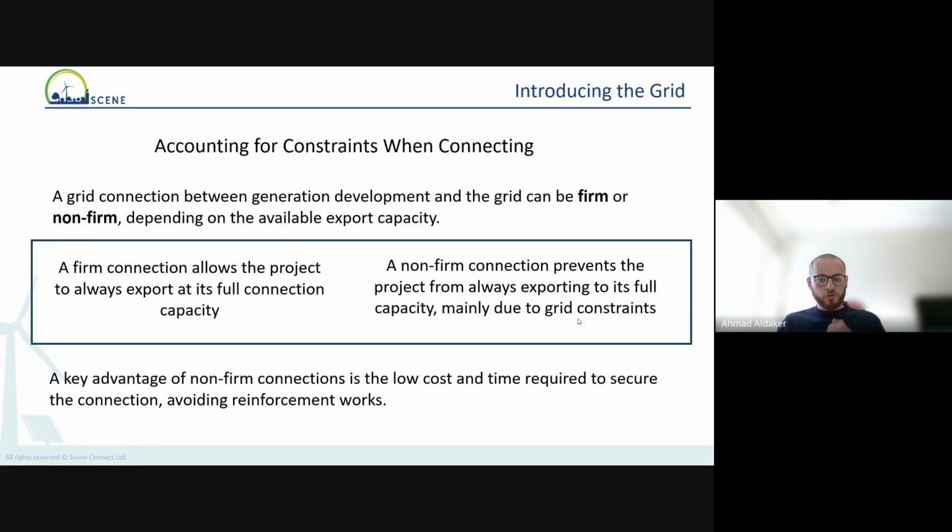Well, when you're looking to connect to constrained networks, you'll typically need to pay large sums to reinforce the grid to your liking. And opting for a non-firm connection allows you to sidestep that stage. So you can basically save both time and costs for your connection and avoid reinforcement costs.